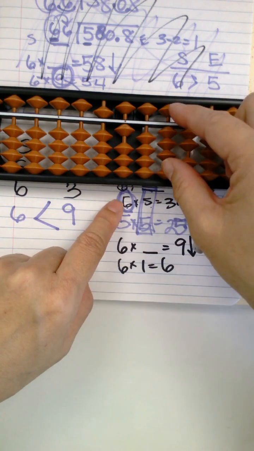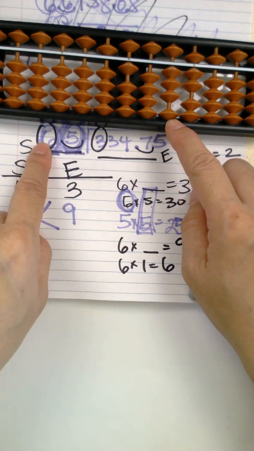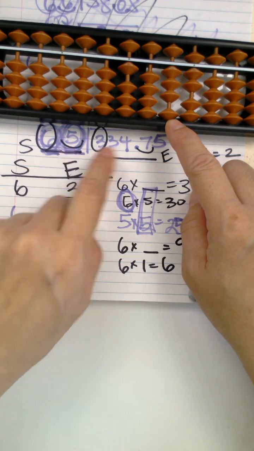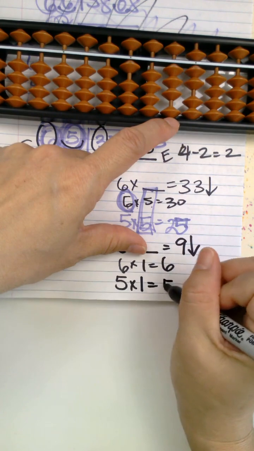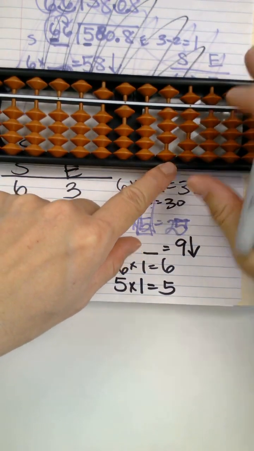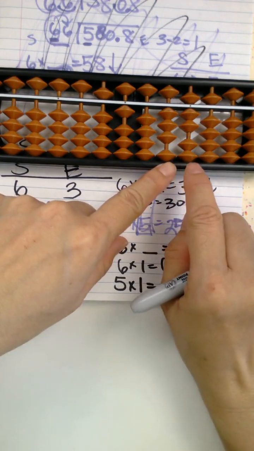Okay, fine. Here is the thing. Whatever I do with the 6, I got to do the same thing with the 5. So now 5 times 1 is equal to 5. 5 is a single digit. Because 5 is a single digit, I have to go back one column.